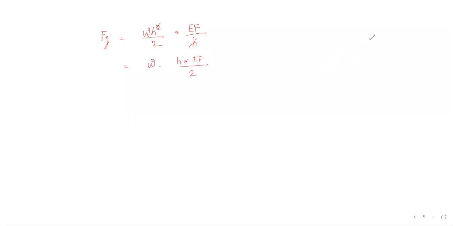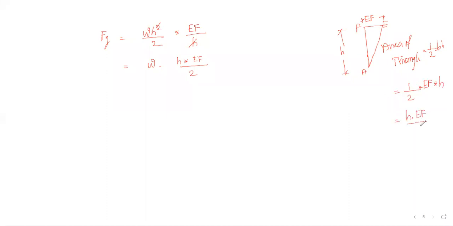So think about the area of triangle AEF. This is H and this is EF. What is the area of this triangle? We use the formula half BH. Taking half into breadth as EF into height H, it is nothing but H into EF by 2. The same we get here.